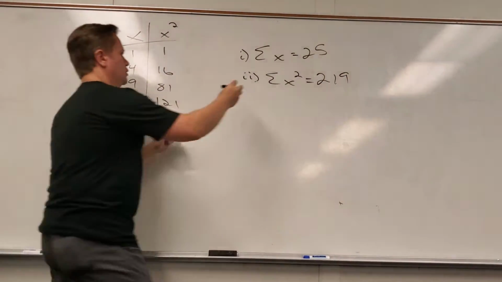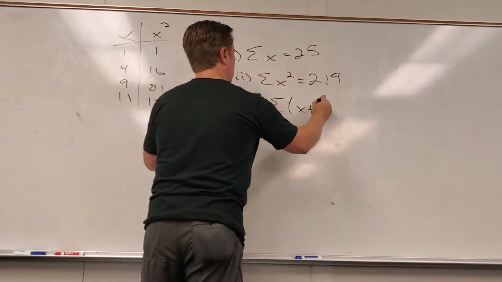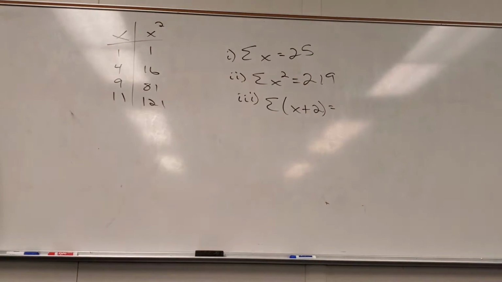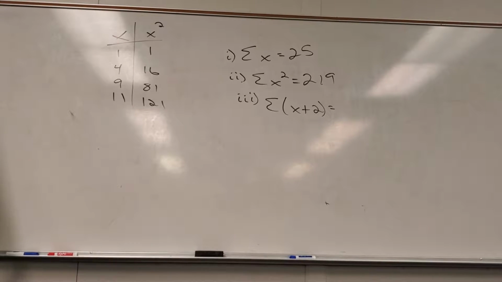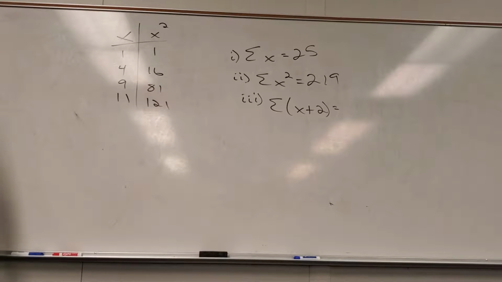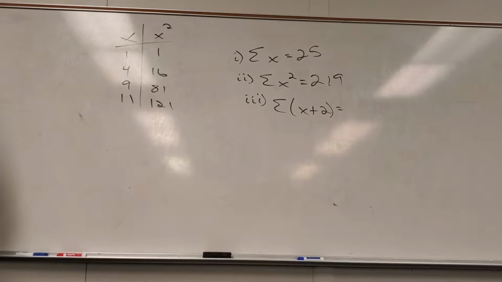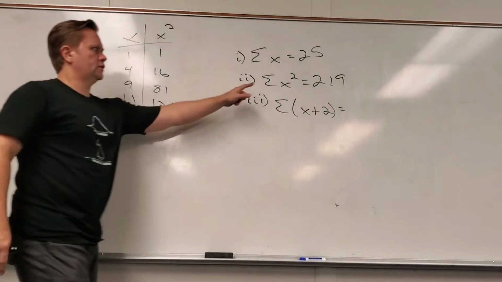All right, let me throw one at you and you work on it for a minute. See if you can get this. The same way we just did this one.